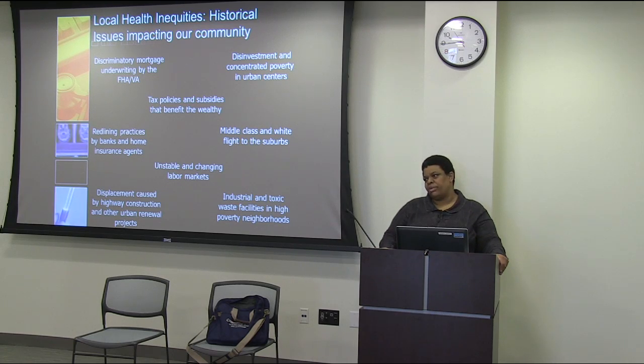Or the likelihood that they would even be able to set up shop in some of those neighborhoods is very unlikely. So all of these things impact our community and ultimately begin to impact our health.